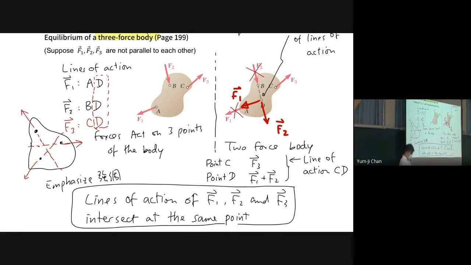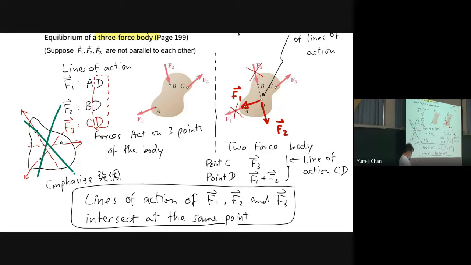Sometimes if we draw some forces, the lines of action will be like this, right? They do not intersect at the same point. And this rule tells us that the case on the left will not happen.